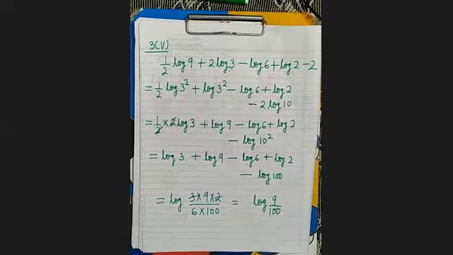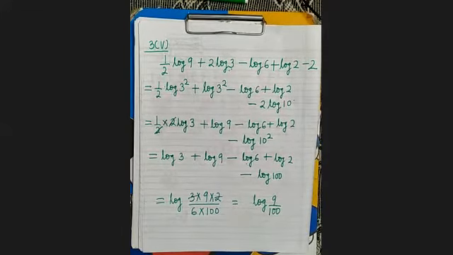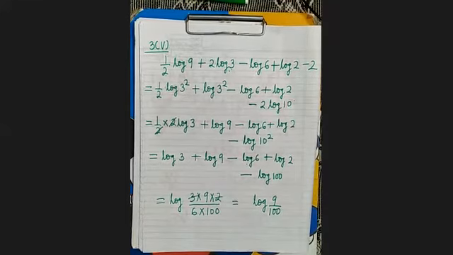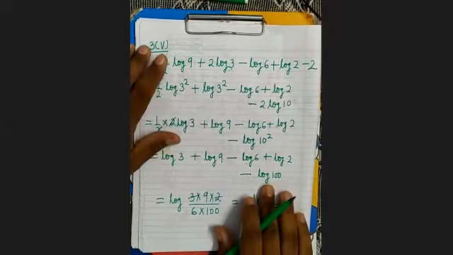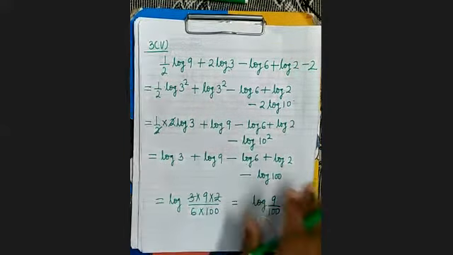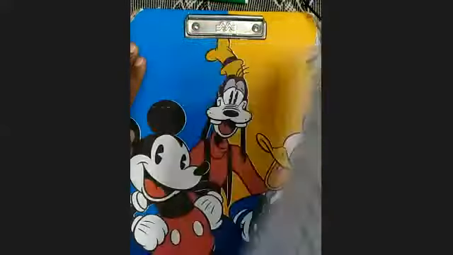All of you see here. Here in the question heading it is given, you have to change it in the single logarithm. It's clear? So it will be log 9/100. Now see here, after this, you have to prove question number 4. So now you will do all these questions in the same way.